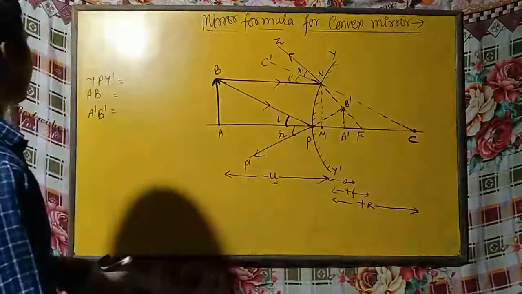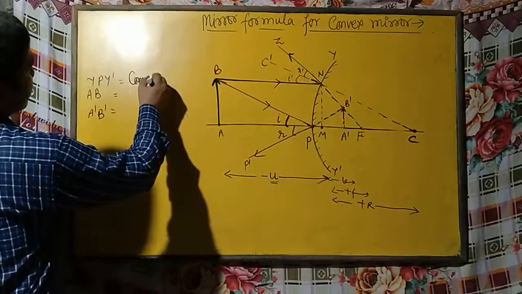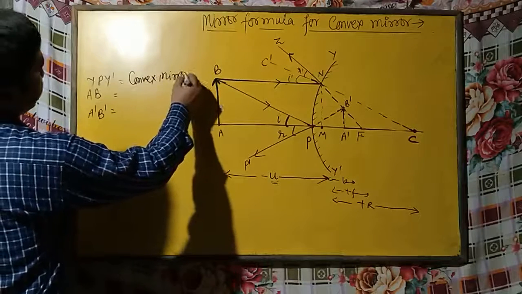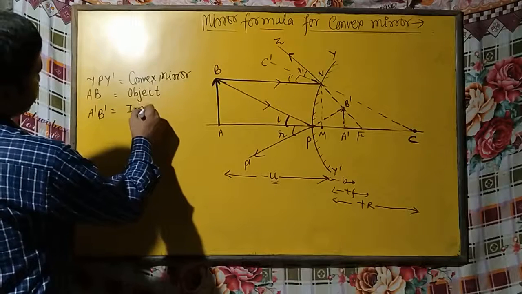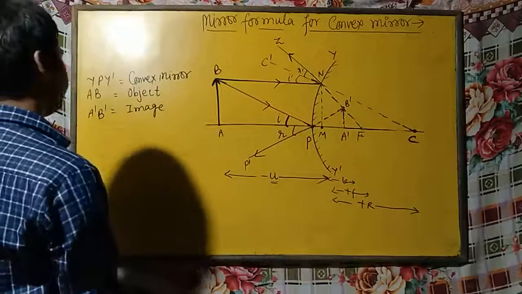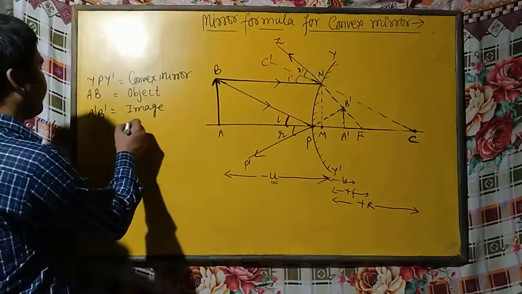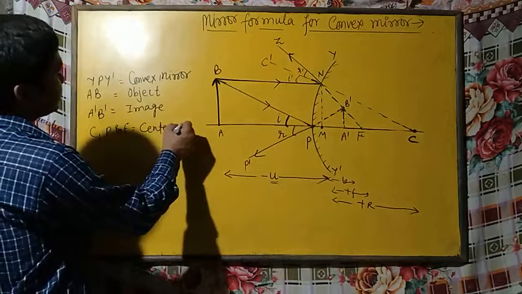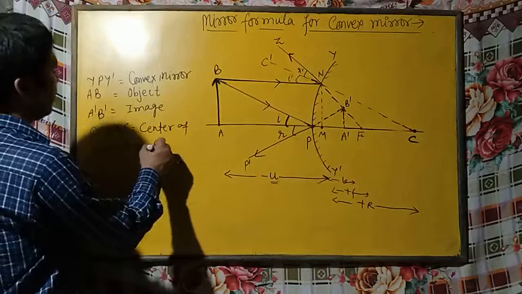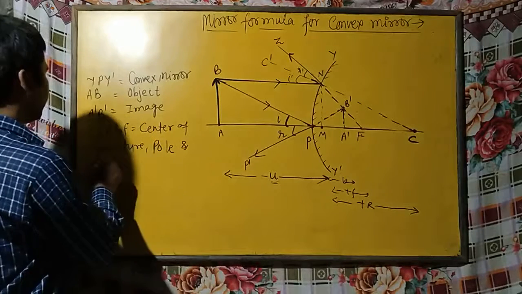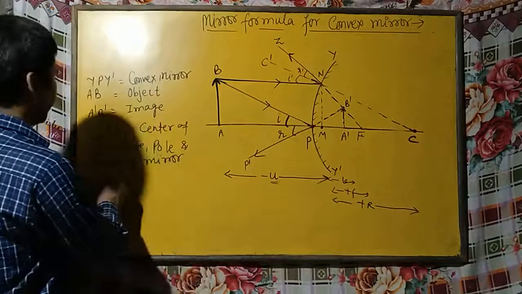Okay, so let us write about the things here. YPY' is the convex mirror, AB is the object, A'B' is the image, C, P and F are the center of curvature, pole and focus of the mirror respectively.